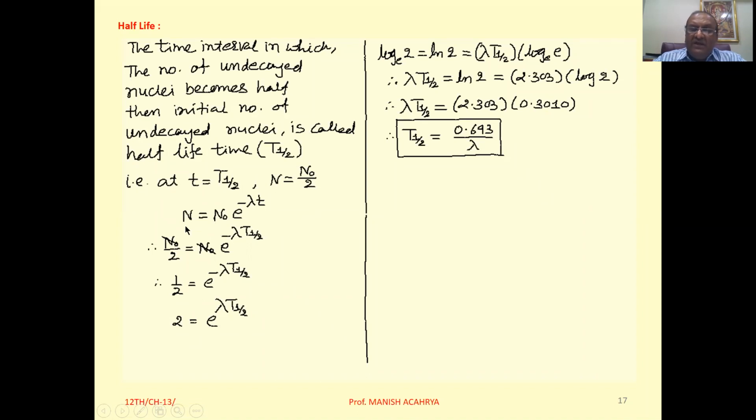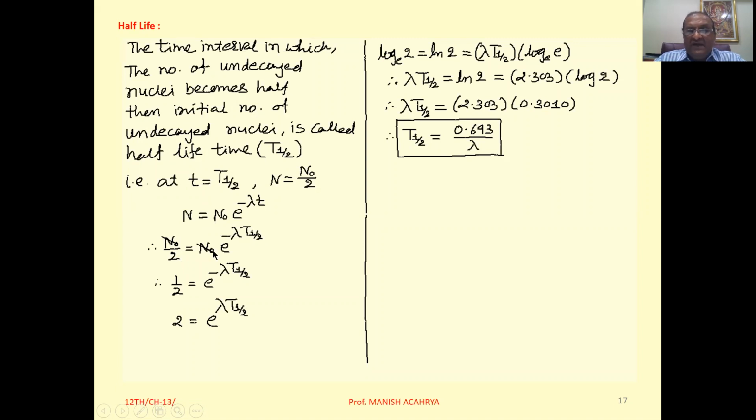So now we have the equation n equal to n0 e raised to minus lambda t. In this equation, substitute time t equal to half-life time t1 by 2. At that time, the number of undecayed nuclei n becomes n0 by 2.